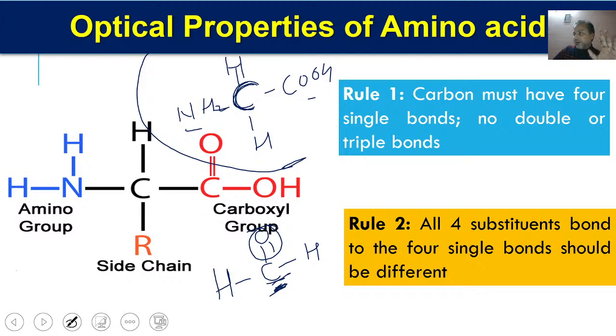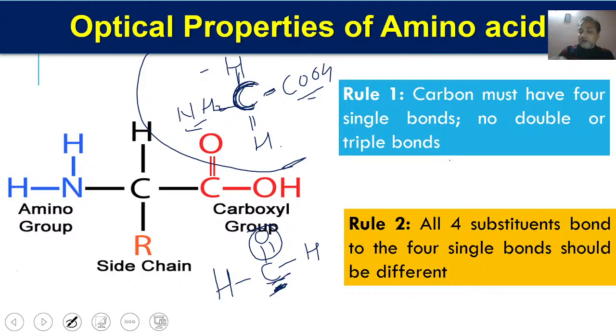Akshay, look at the picture again and tell me if it is symmetric or asymmetric. In this case I have not written R. Anjali, I have written a central carbon, 4 single bonds and 4 groups, H, COOH and NH2.